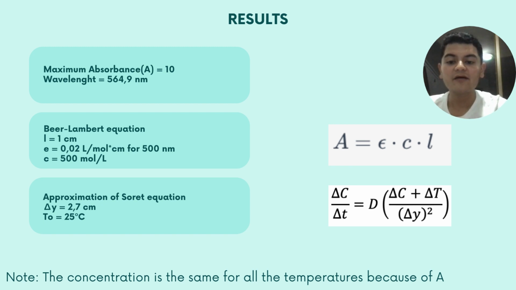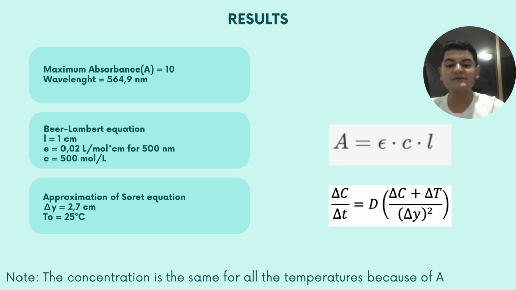Now for the Beer-Lambert equation, we have that L is 1 centimeter, and epsilon is 0.02 liters per mole times centimeter. For 500 nanometers, we obtained this value in the literature, and it is around the wavelength that we obtained, because we cannot find an exact value of epsilon at the wavelength of the maximum absorbance.